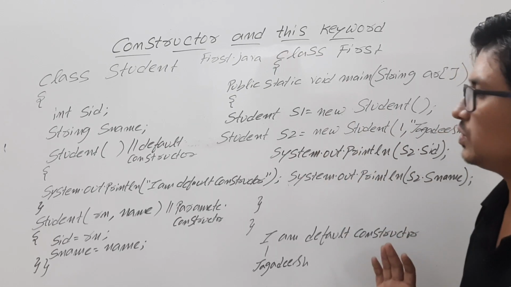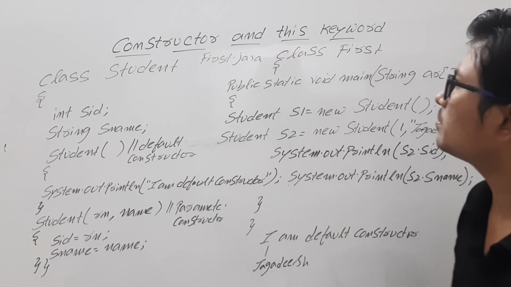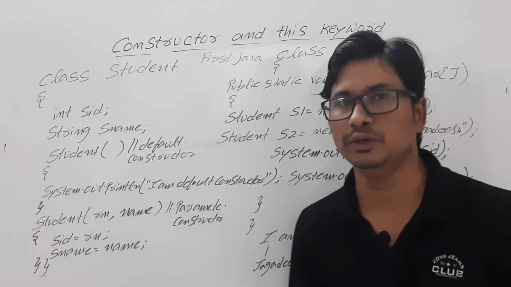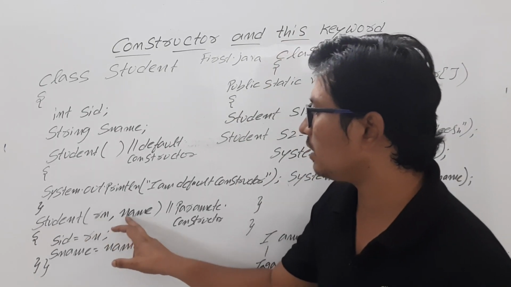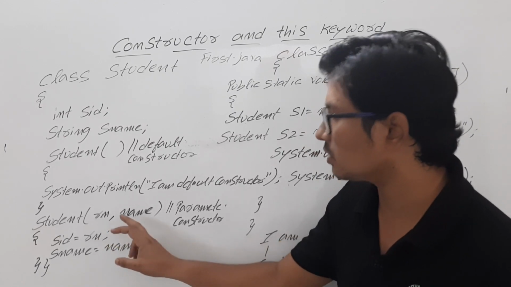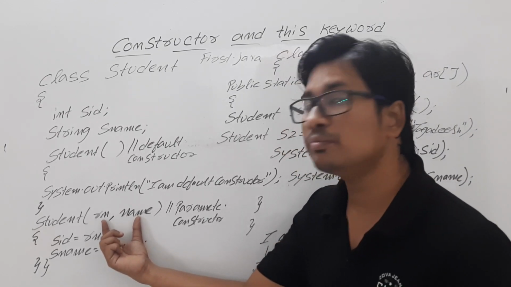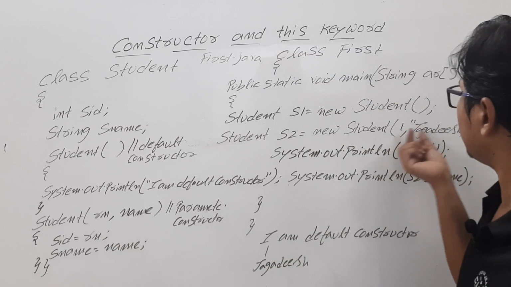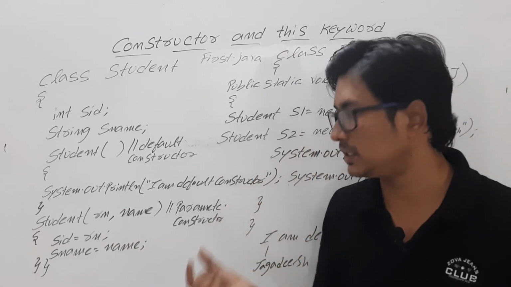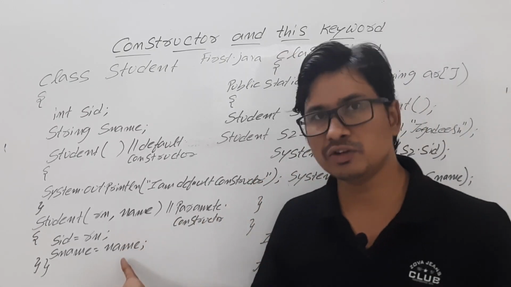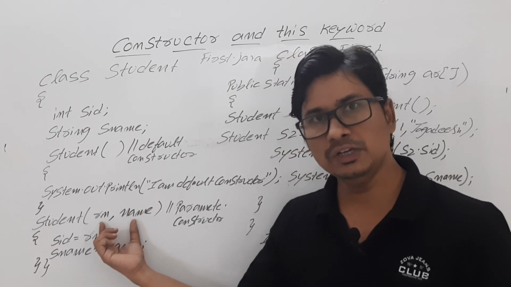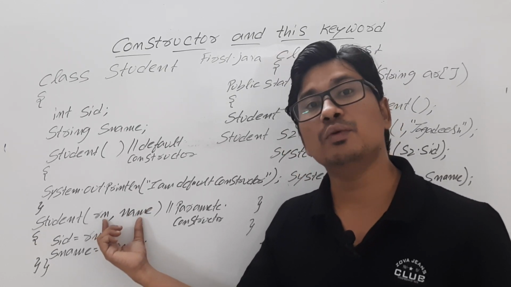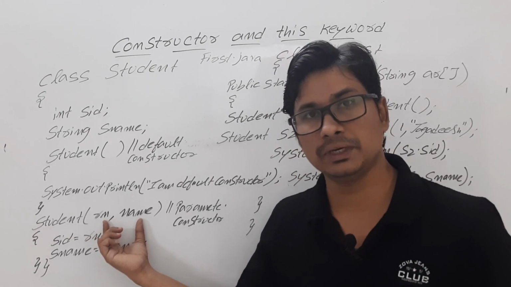Okay, what is actually happening. Now let me discuss the this keyword. Now look here. This rn and name are the formal parameters. See, this 1 and Jagadish are the actual parameters, because the constructor is also a method. In a method definition, whatever variables you are using are formal parameters.